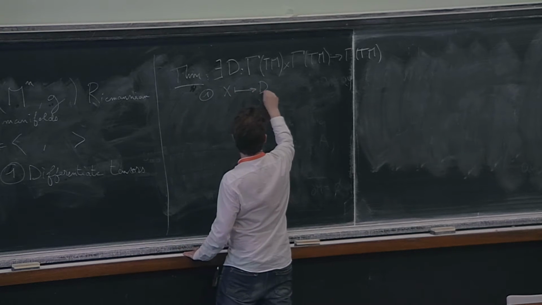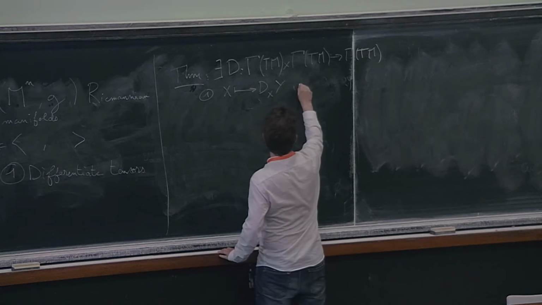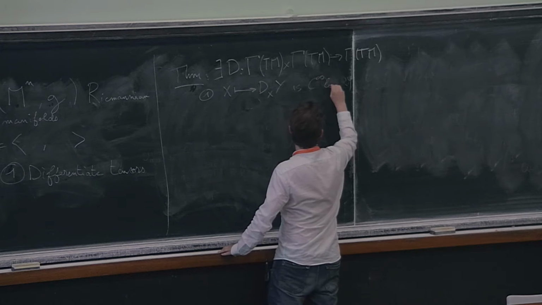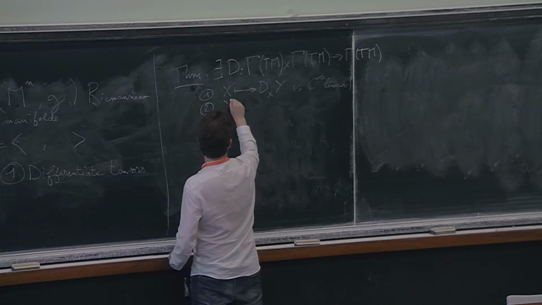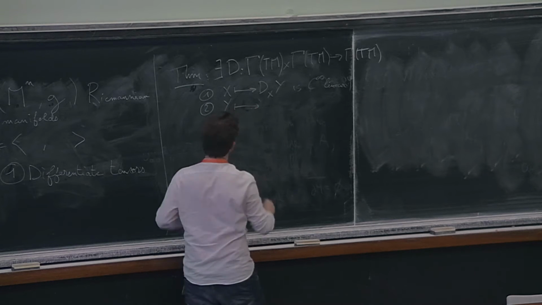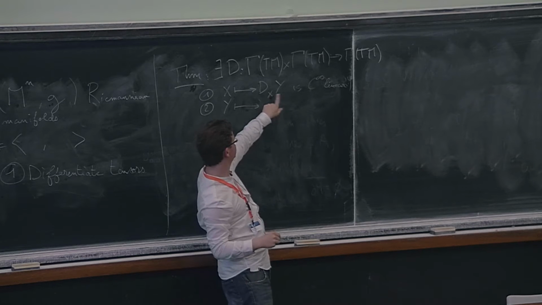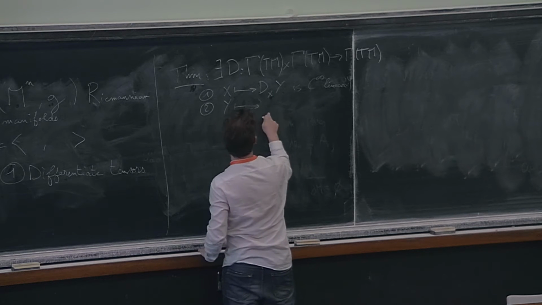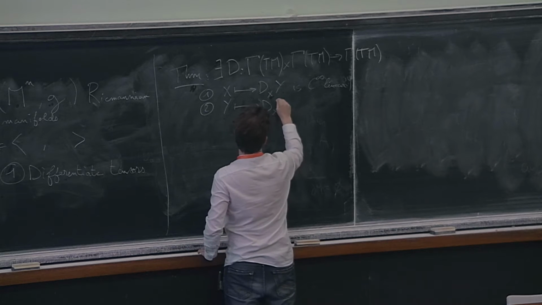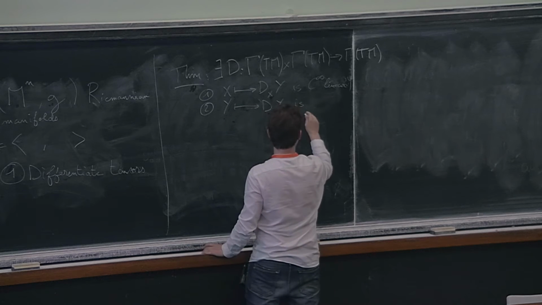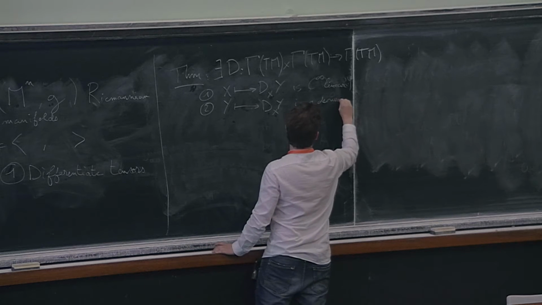which satisfies: X maps to D_X Y is C^∞ linear in X. So in other words, when you differentiate, it depends only on the direction of X. Second property is that Y maps to D_X Y is a derivation.